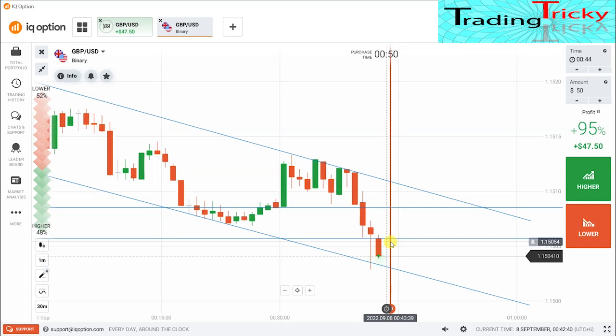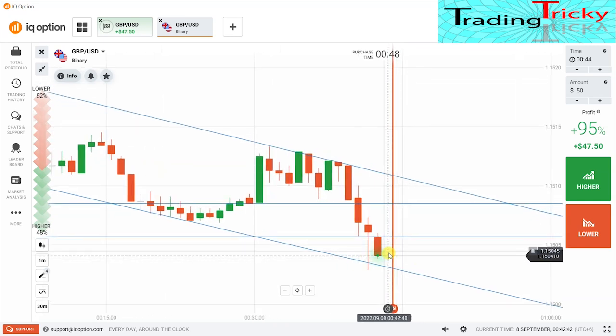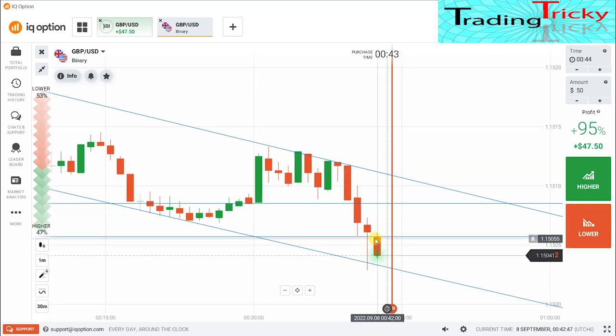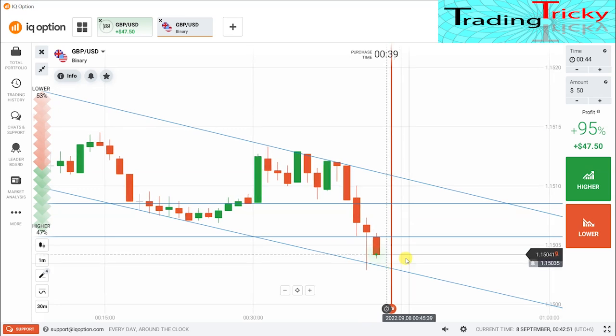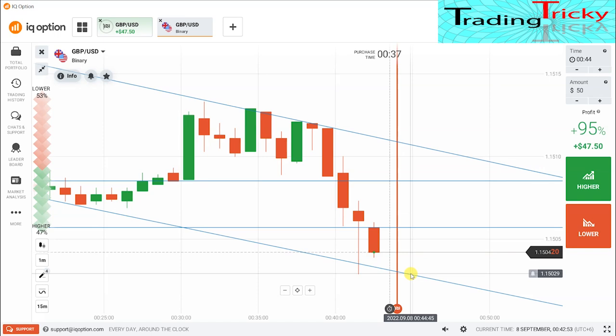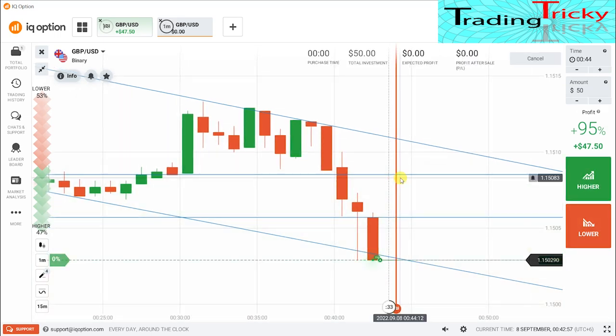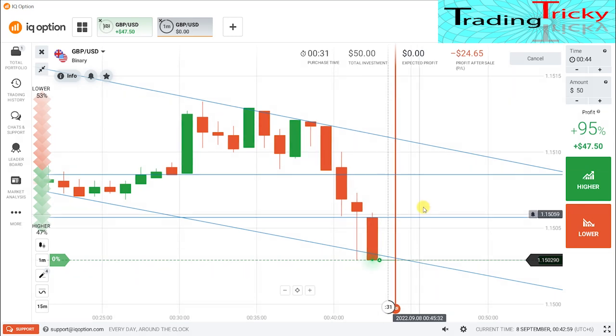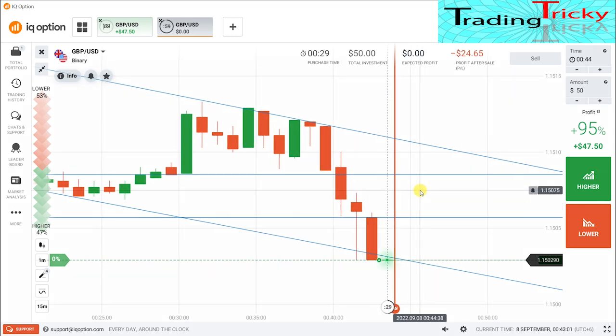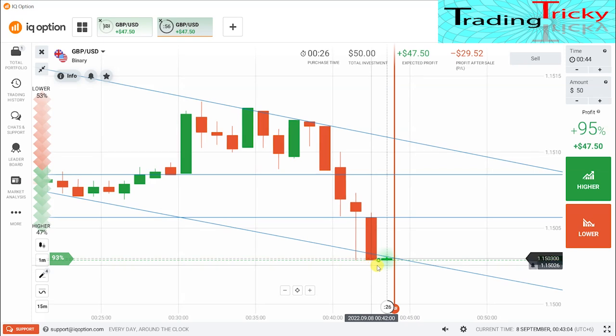Let's see, there are no sellers, we can see. This is a red candle, but there is no sellers' activity. Okay, no market movement, as you can see. Now I have placed a higher option here for the next minute.